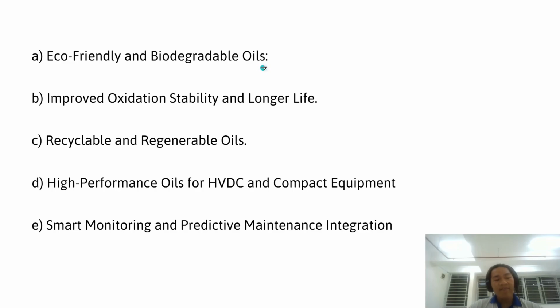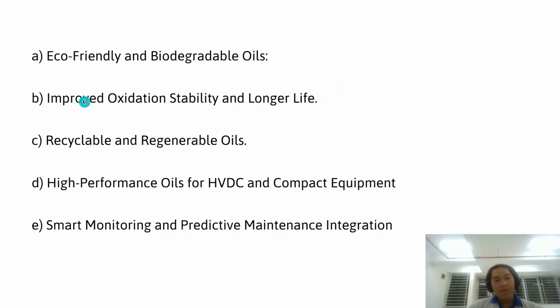This method's advantages are that it is biodegradable and less toxic to the environment. It has a higher fire point and better moisture tolerance and electric performance. The use case of this method is widely adopted in urban, renewable, and eco-sensitive environments.